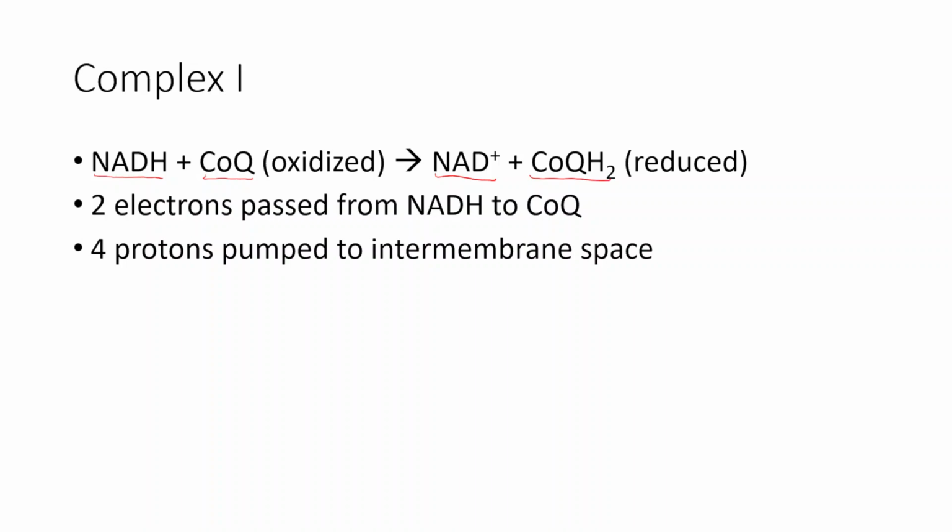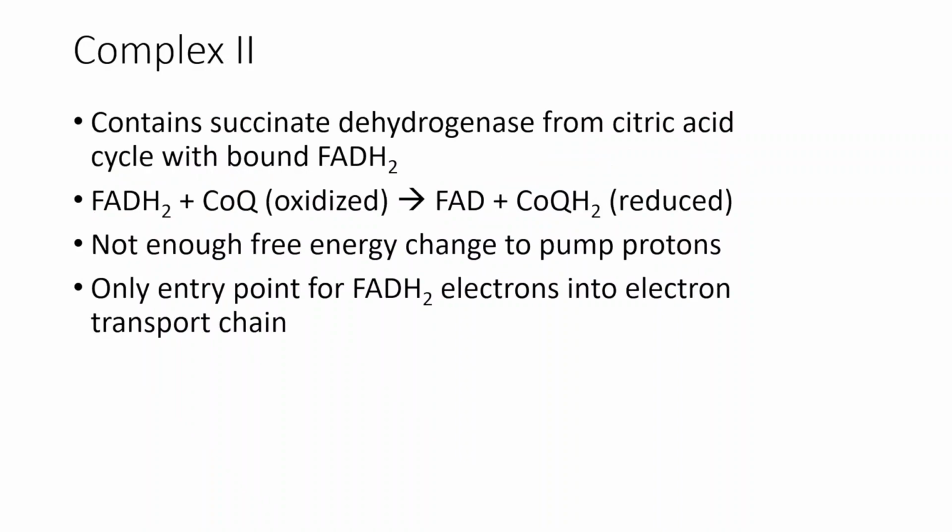And like I said before, coenzyme Q is also sometimes just written as Q in the oxidized form, and in the reduced form, it's sometimes written as QH2. And so ultimately, as these 2 electrons are passed from NADH to coenzyme Q, 4 protons are also then pumped from the matrix into the intermembrane space. And this is the place where NADH is entering the electron transport chain.